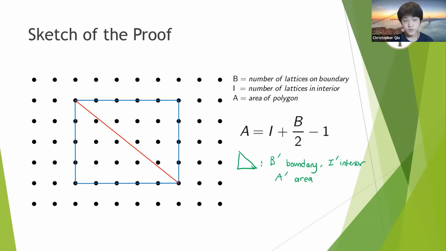Okay, so let's say that A over here counts the area of this total rectangle. The I over here counts the number of interior points for the rectangle, and the B over here counts the number of boundary points in the rectangle. And we want it to be this way because we already know that Pick's theorem works for rectangles. So let's just say that these three parameters are all for the rectangle.